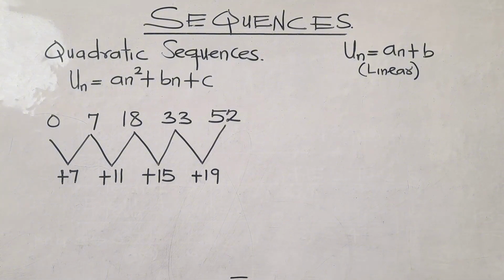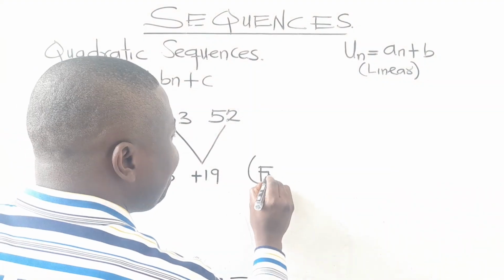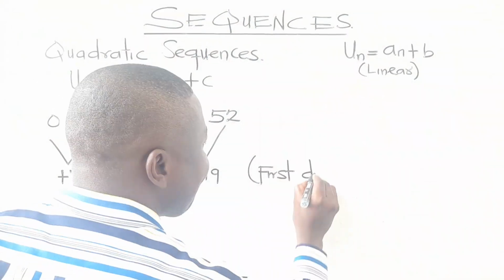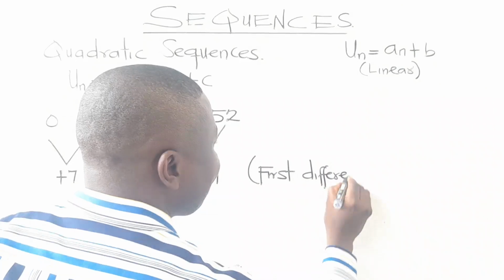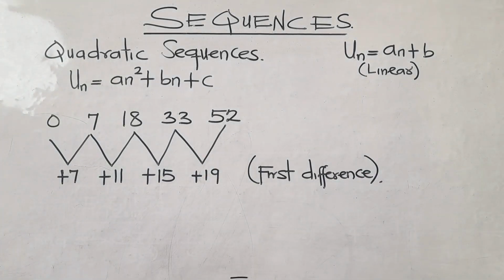Okay, plus 19. That's it. You notice for the first difference, we don't have the same numbers.